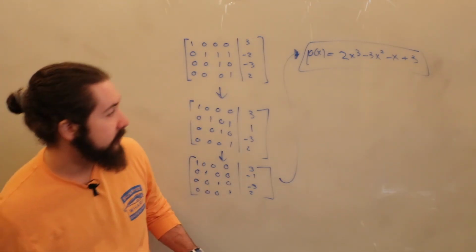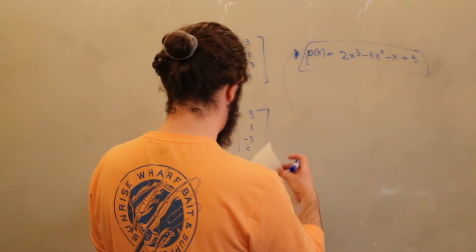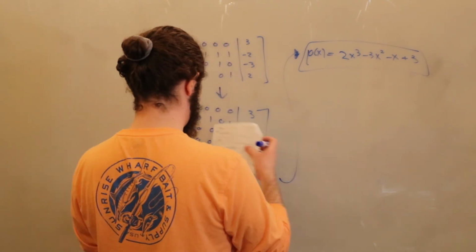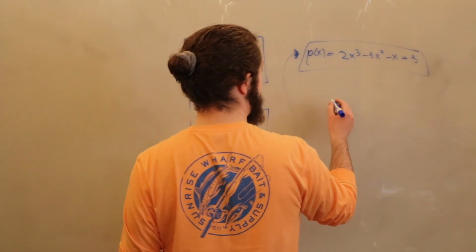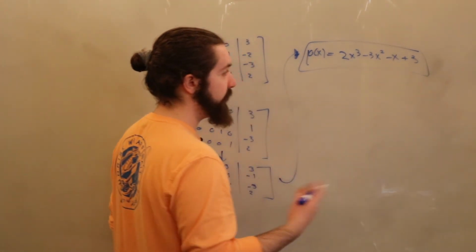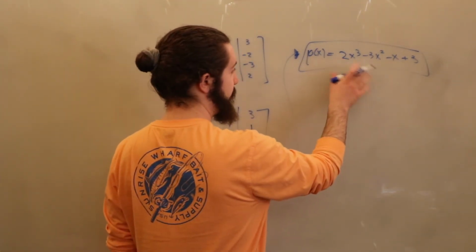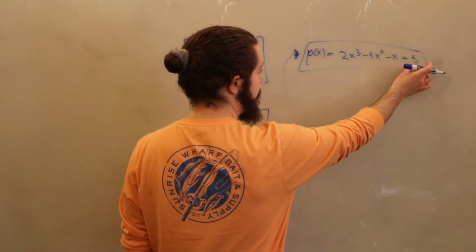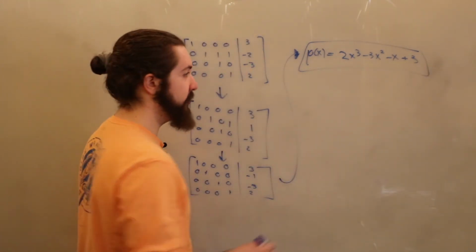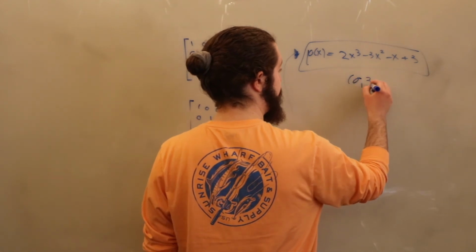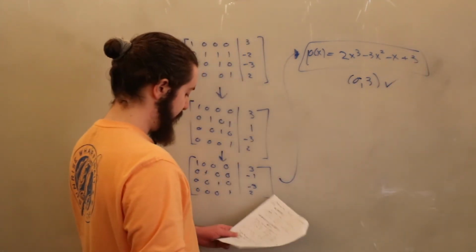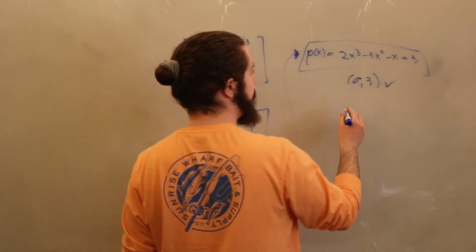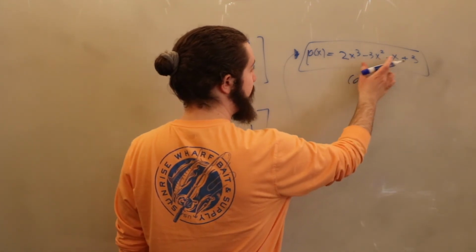So our points, if you recall, are going to be 0, 3 first of all. So does 0, 3 belong to this polynomial? Well, if we plug in 0, we'll just get the 3. So yes, 0, 3, we are good there. Our next point is 1, 1. Plug a 1 in there, a 1 in there, and a 1 in there.